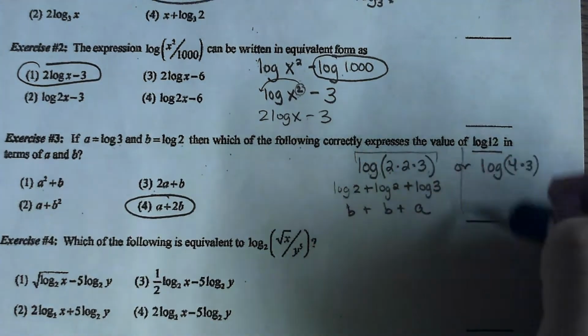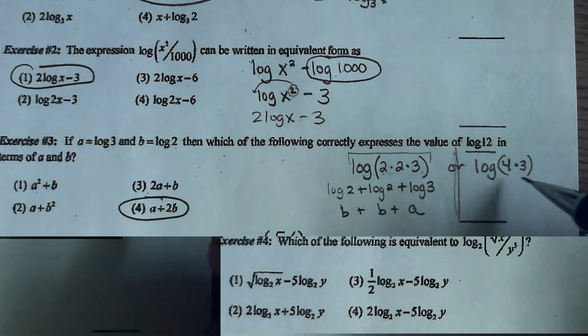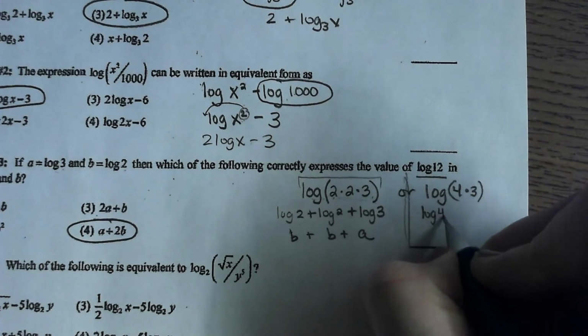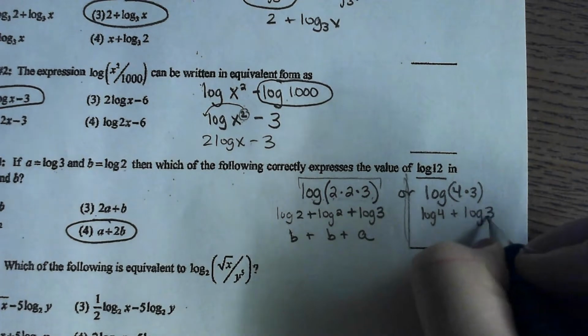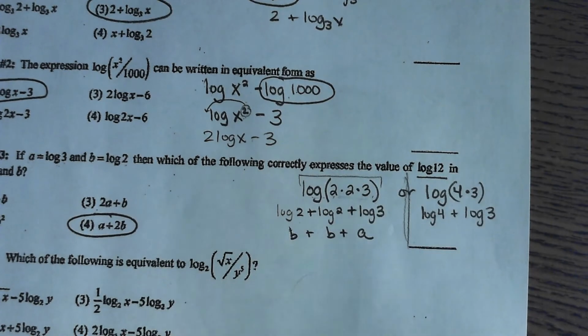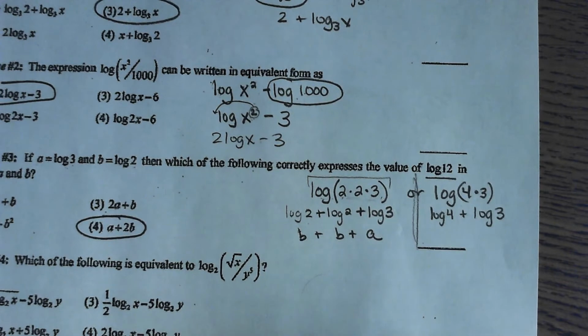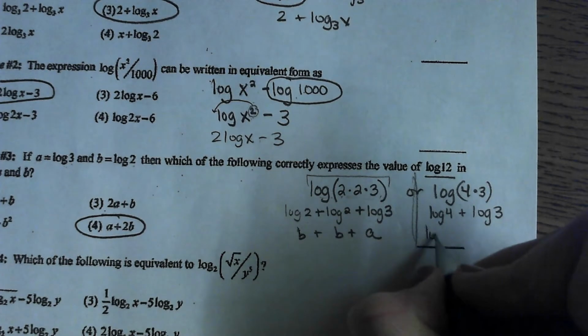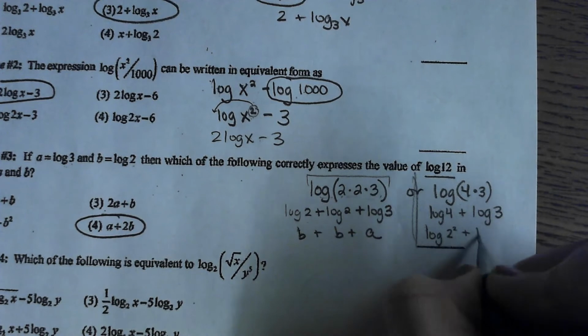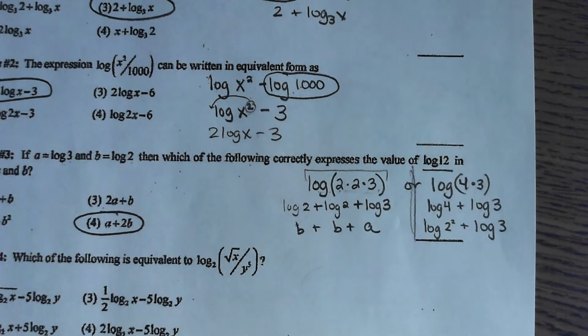So just watch on the second one how this unfolds. Initially this is log of 4 plus the log of 3. But the log of 4 they didn't tell me. The reason 4 works, though, is because it's the same as the log of 2 squared. Does everybody see that?